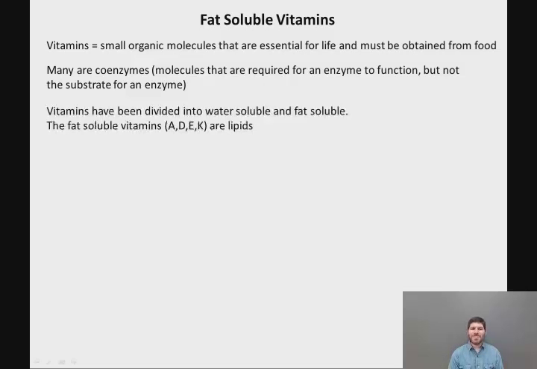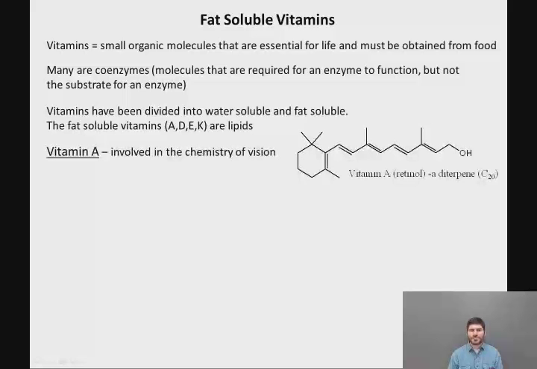So vitamins have been divided into water-soluble and fat-soluble. And since the fat-soluble vitamins, which are vitamins A, D, E, and K, are lipids, I'm going to talk about those now in this unit, and I will talk about the water-soluble vitamins in a later unit.